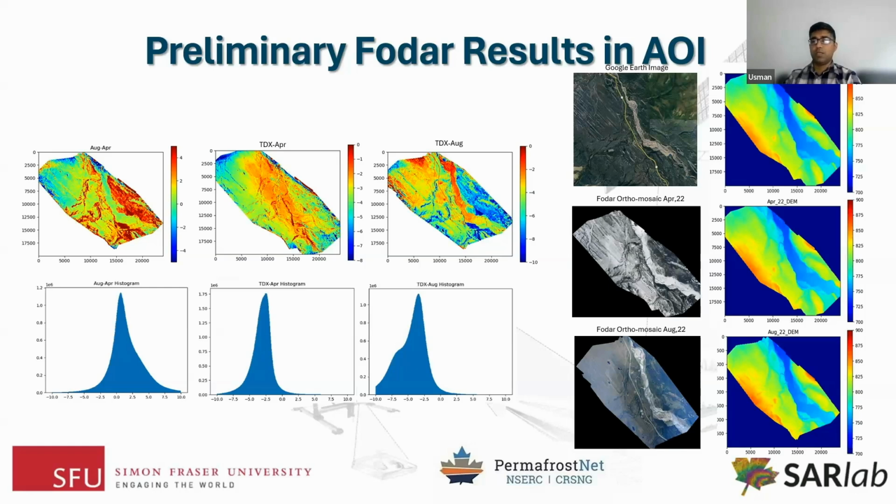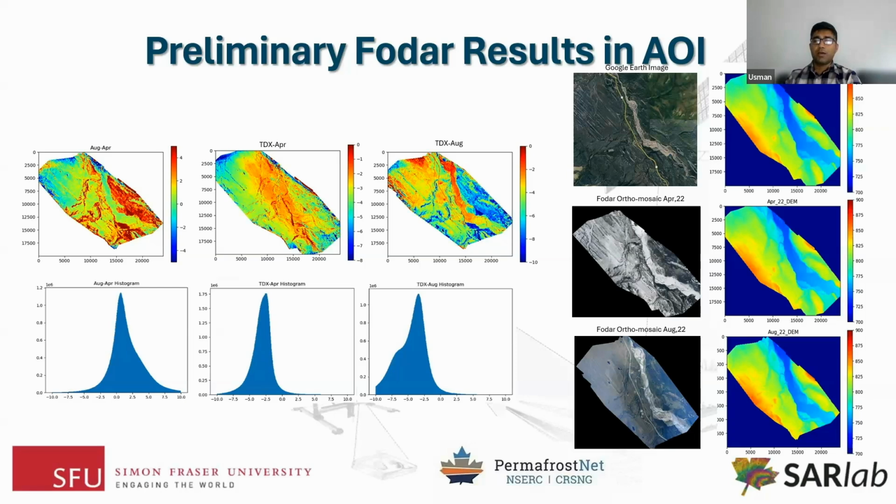We should be able to directly difference them and see if there's a change going on. We found out that this is not as reliable as we thought, and there were trends and biases between the two acquisitions from the two seasons.